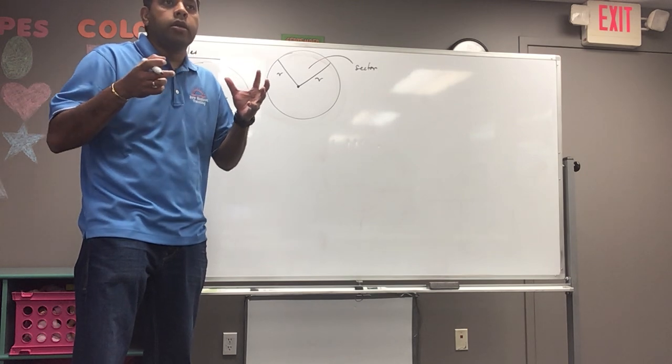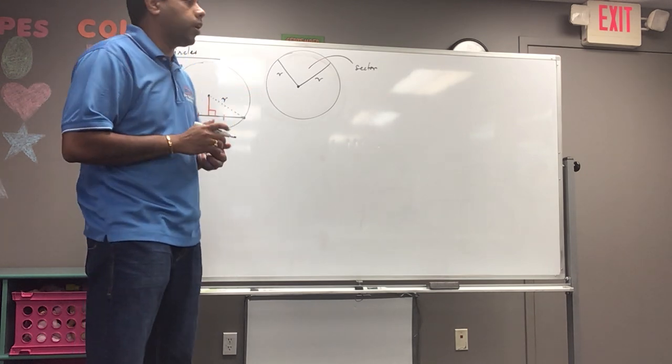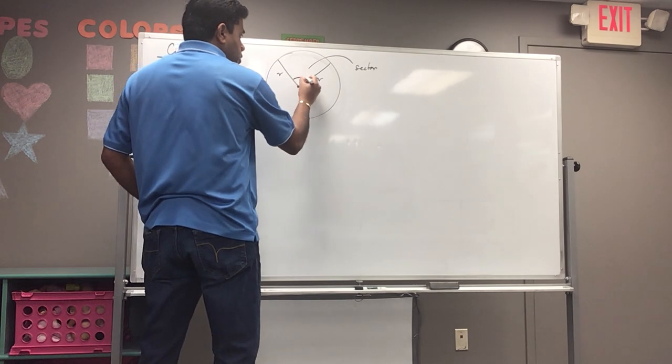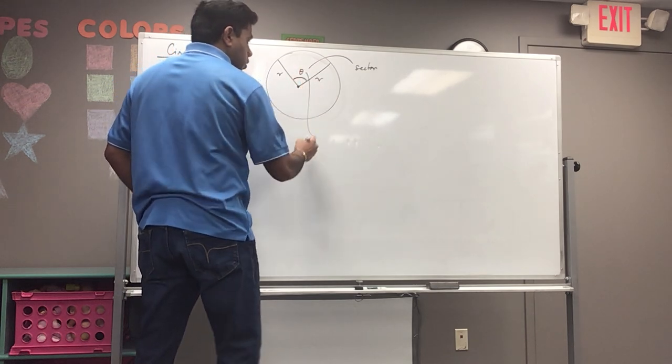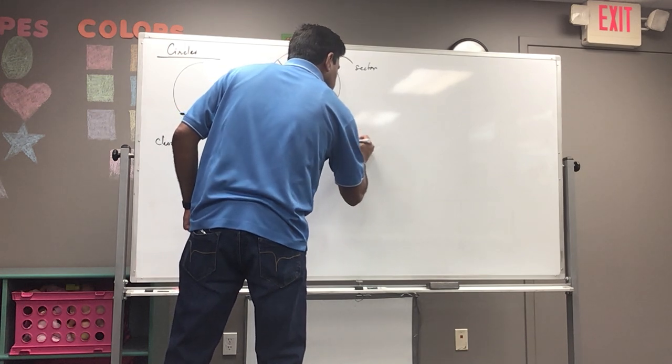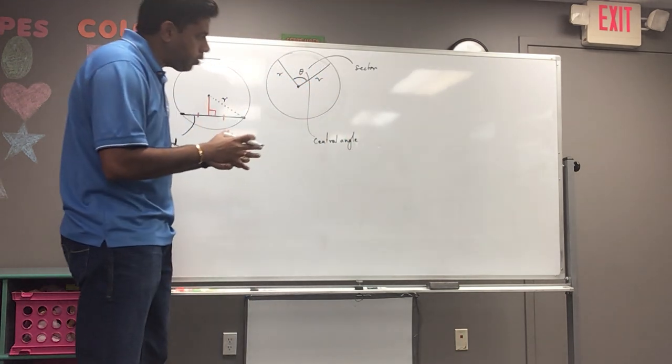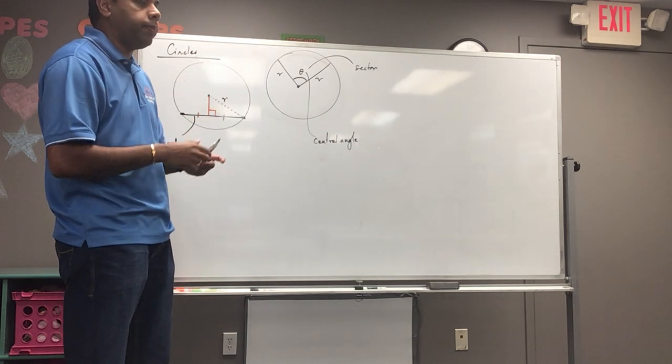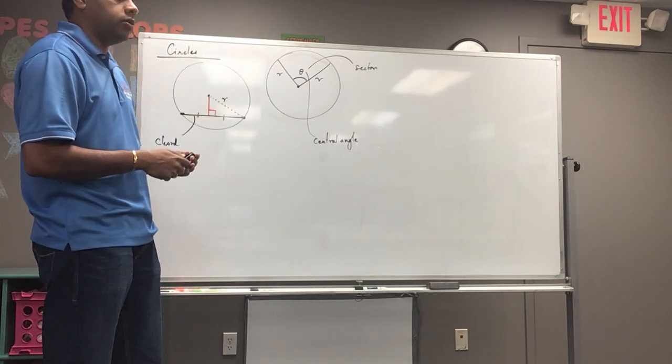A sector is a piece of the circle. And the angle it forms, let's call it theta, is called the central angle. So a central angle is formed by two radii, forming a sector.